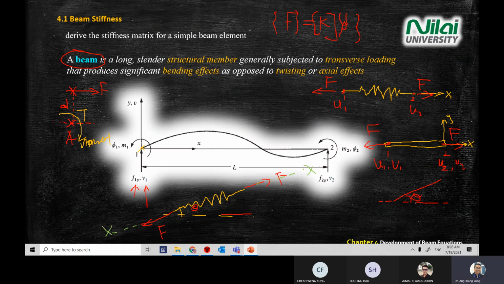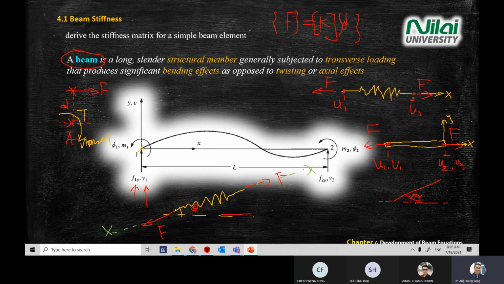If you are looking at the spring scenario, you've seen a spring before, right, Chia? Yes. So when you pull on the spring at both ends, how do you operate a spring?